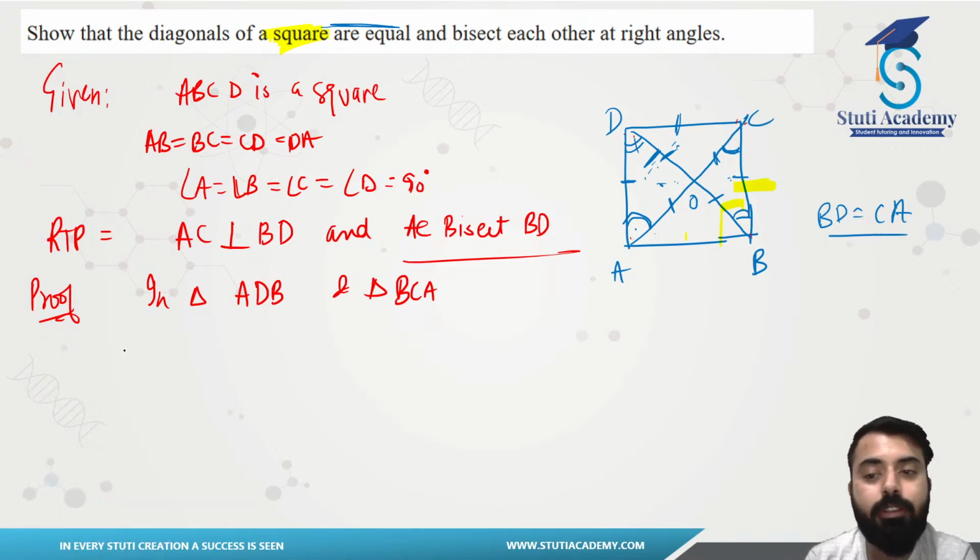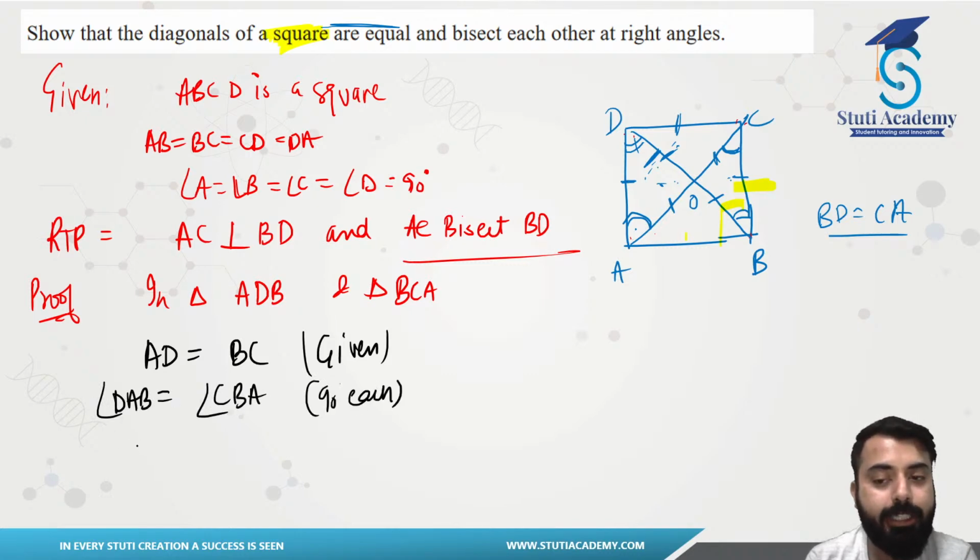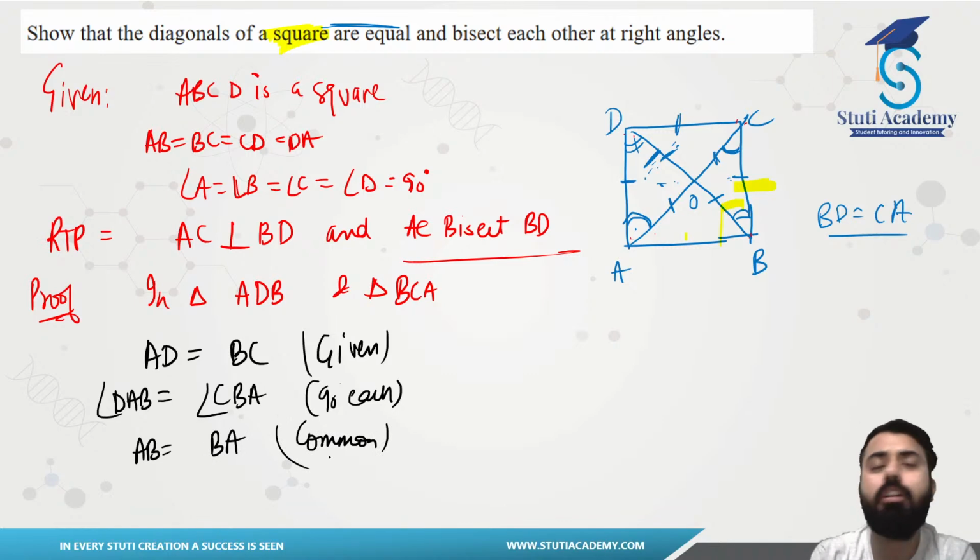Now I already know that AD is equal to BC, that is given to me. Angle DAB is equal to angle CBA, that is 90 each. And I already know AB is equal to BA, that is common, right? We have been given these, you already understand this.